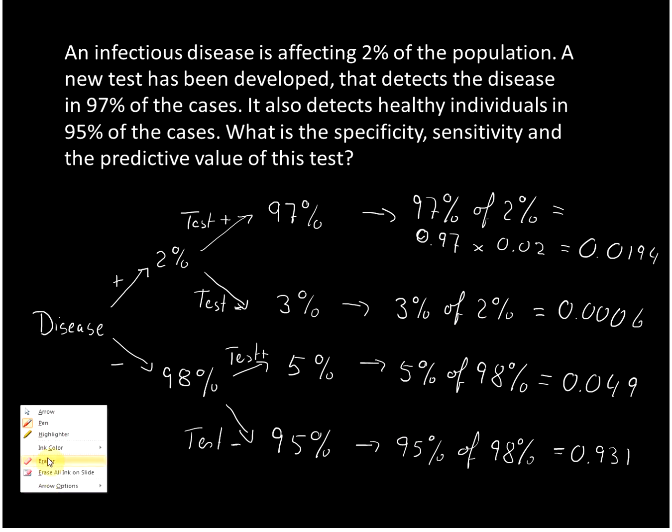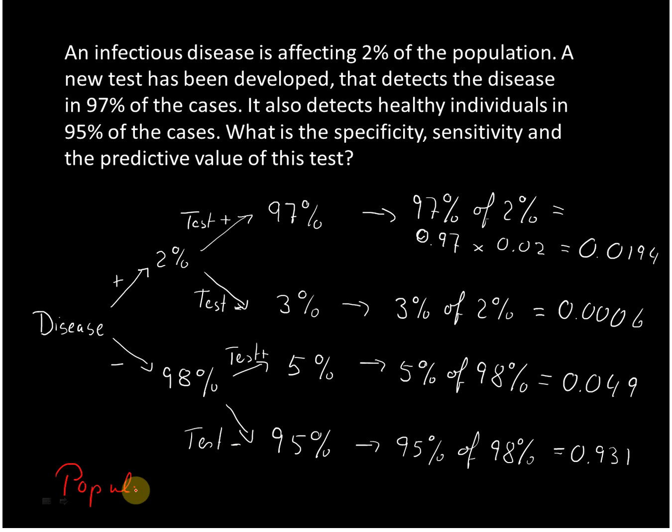Now, of course, it is a little bit tricky to work with all these percentage numbers. And what we can do instead is translate these numbers into full numbers. So we can say we just take a population of, say, 10,000 people and multiply all these numbers that we have here simply by 10,000.